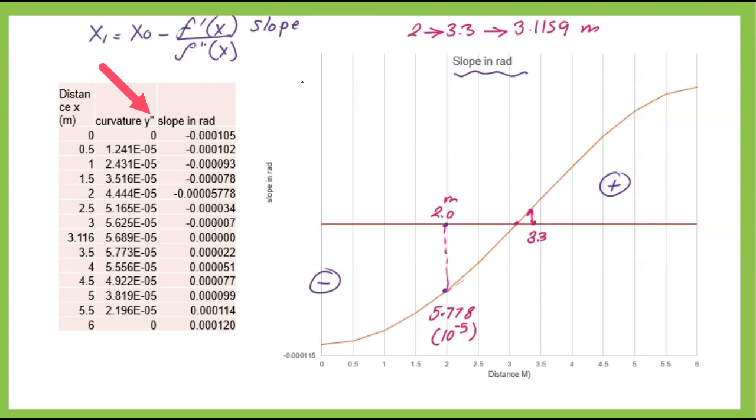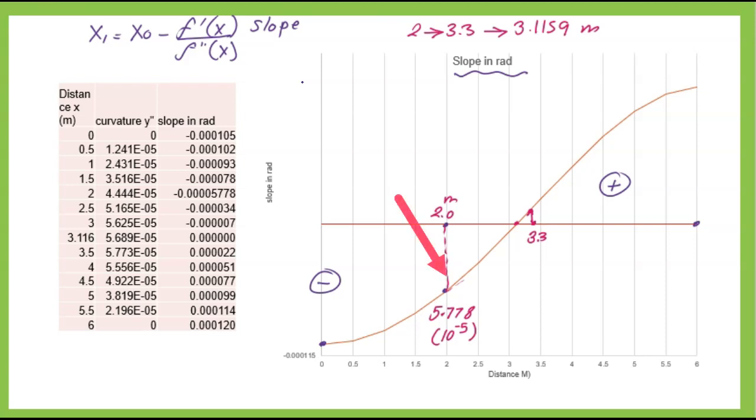The last column is for the slope in radians: for x equal to 0 it is minus 0.00105, represented here, while the value for x equal to 6 is a positive value of 0.00120. Our starting point was x naught equal to 2.